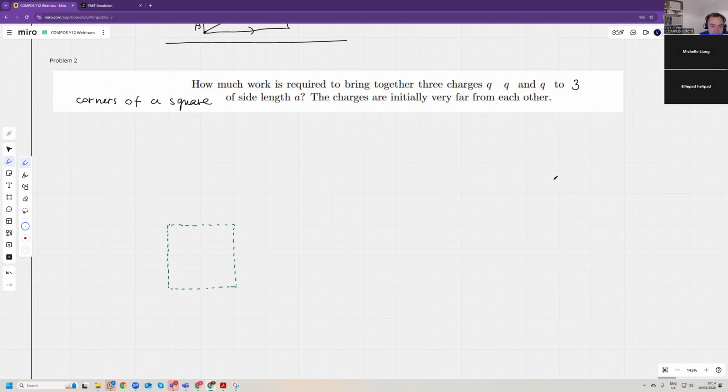Initially we have three charges, very far away from each other. What we need to do is first bring the first charge into the first corner. Now, the first charge does not experience any force because it's a vacuum. Yeah, there's no work. So zero work is done bringing the first charge.